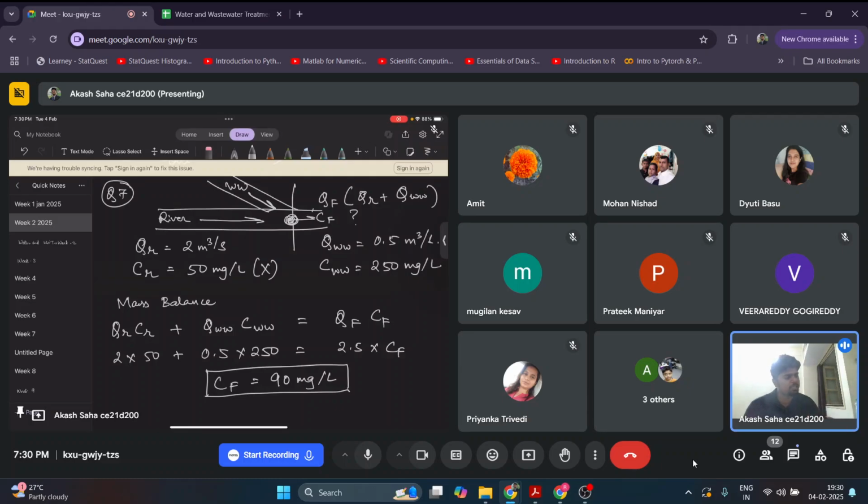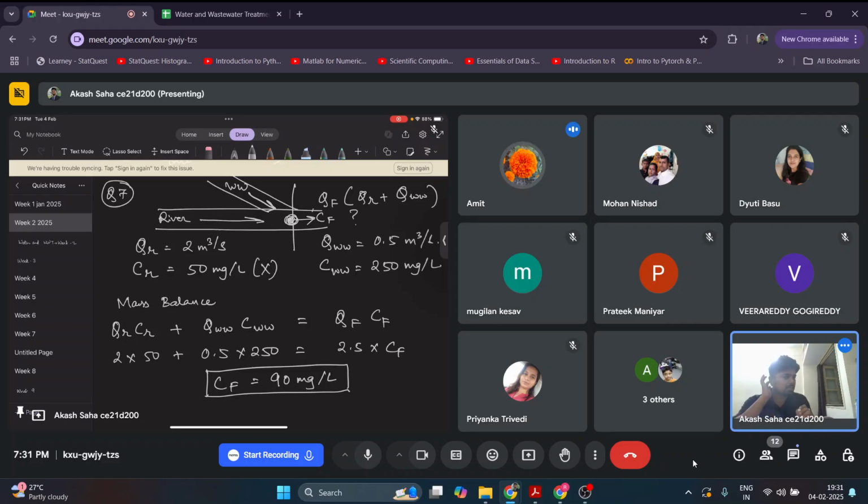After this section, what is the flow rate? So at this particular point, both streams are mixing together, so it will be adding. But concentration you cannot add just like that. You cannot add 50 plus 250 and say 300. Concentration is with respect to the flow rate.